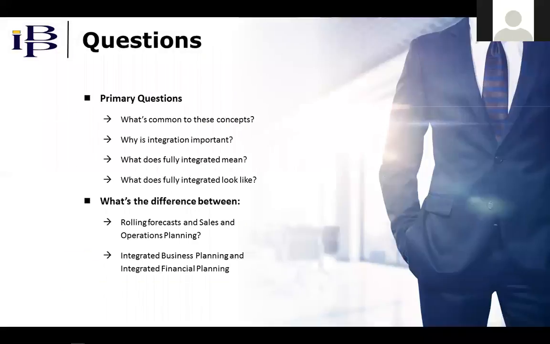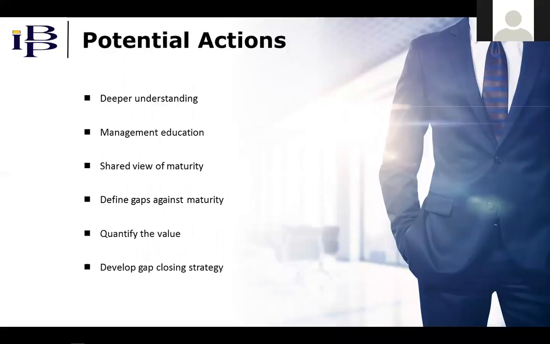So in summary, hopefully this video gave you an overview of some of these questions: what's common to these different terminologies we described, why integration is important, what fully integrated means, and the difference between things like integrated business planning and integrated financial planning. I hope we gave you some insight into this.